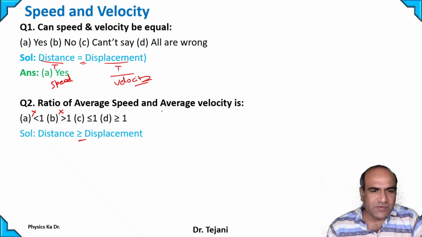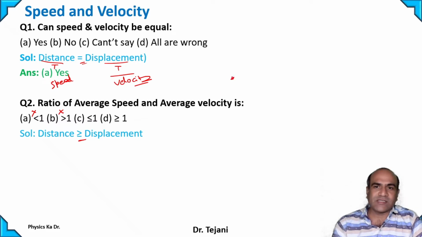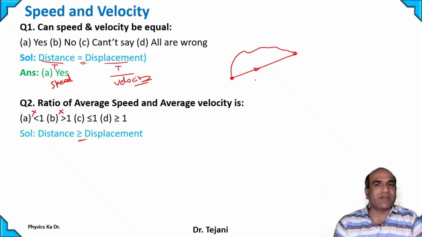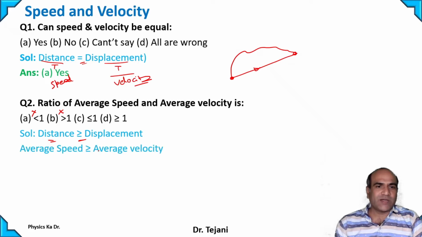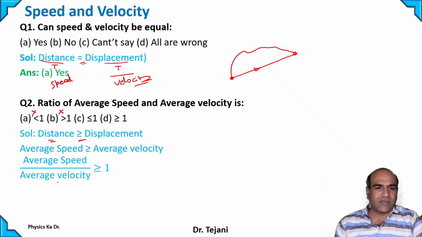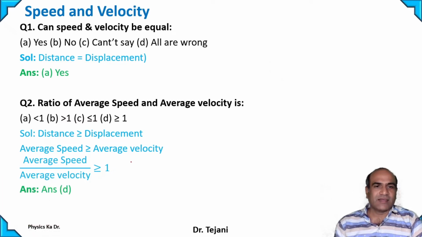In the previous session also we have seen that distance is a longer term, but it can become displacement, right? So distance is always greater than displacement, or it can be equal. If you take displacement on the opposite side, it becomes average speed divided by average velocity. So speed is always greater than or equal to 1, right? It always becomes more than average velocity. So answer D is correct, greater than or equal to 1.